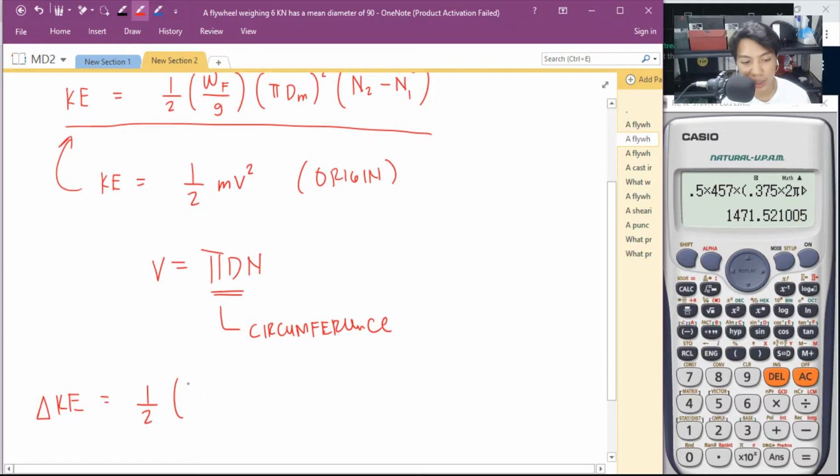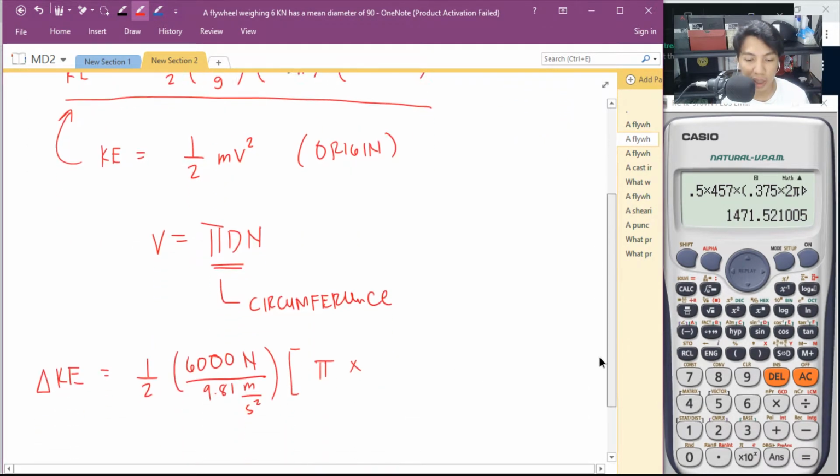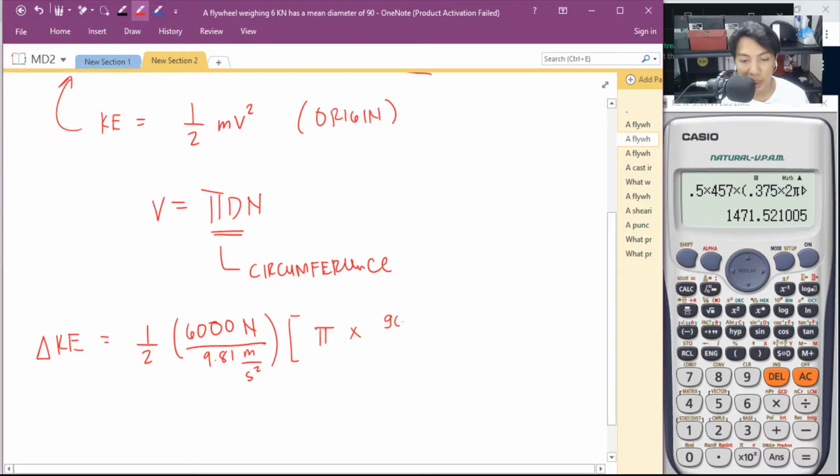So, that is 6,000 newtons divided by 9.81 meter per second squared multiplied to pi times, ano yung binigay dito? 90 cm, o divide mo na ng 100 kasi 100 cm per 1 meter.